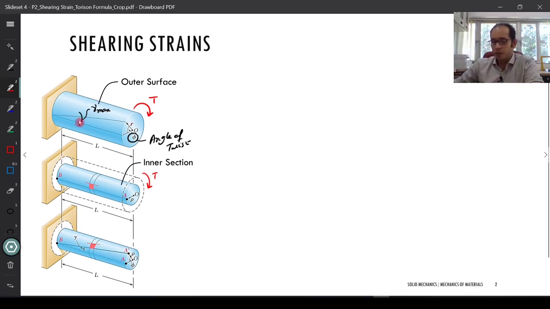So if gamma max was happening at the exterior surface, at an interior surface it is going to be a slightly lesser angle, let's call this gamma. So when you have this angle gamma due to this torque, the point A which was over here has now moved to a new point A prime, right? So if I apply the torque in this direction, this point has moved up, it has gone to A prime, as a consequence of which you have inscribed this phi.